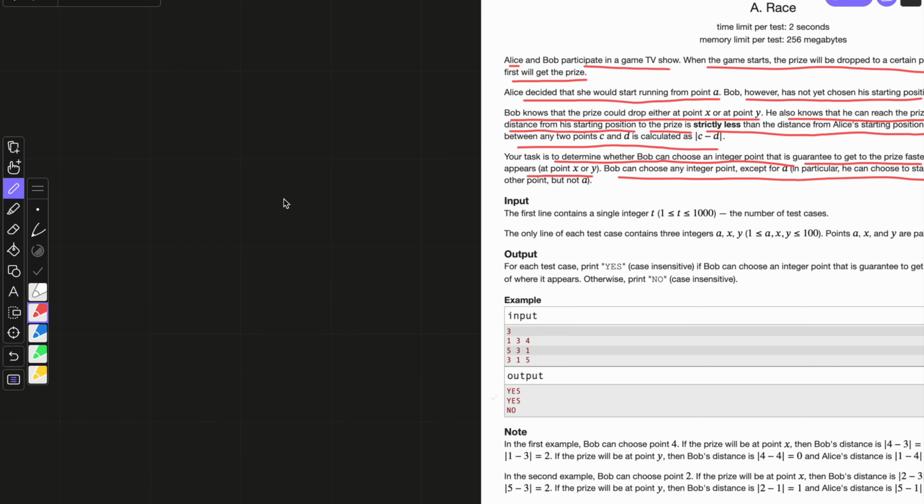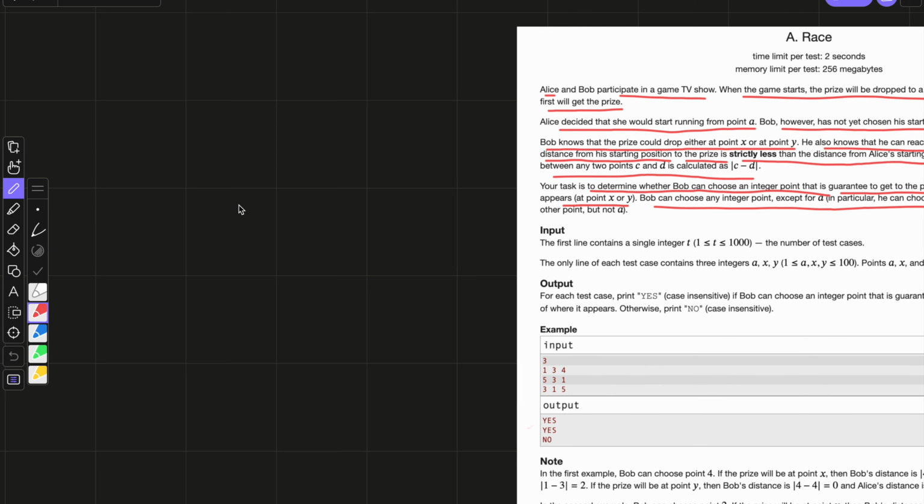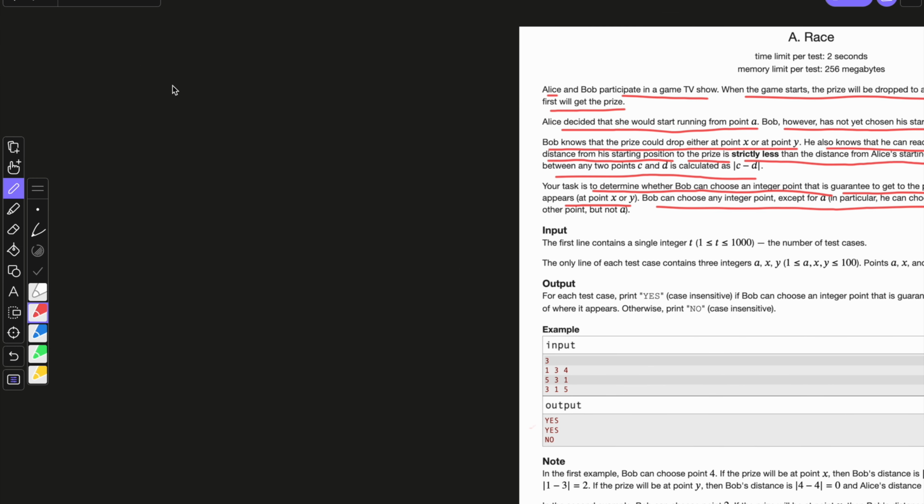Okay, so basically in this question a game is going on in which Alice and Bob have to run from a starting position, so they have to choose their starting position beforehand. Alice's starting position would be A, and that is fixed. Now Bob has to choose the starting position.